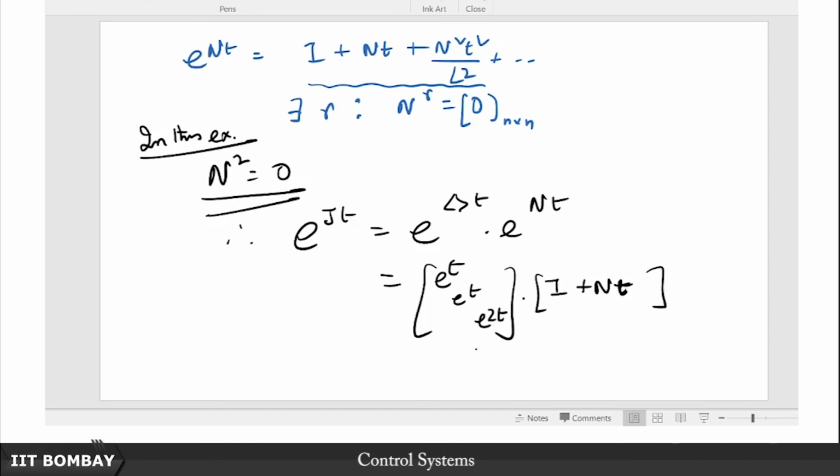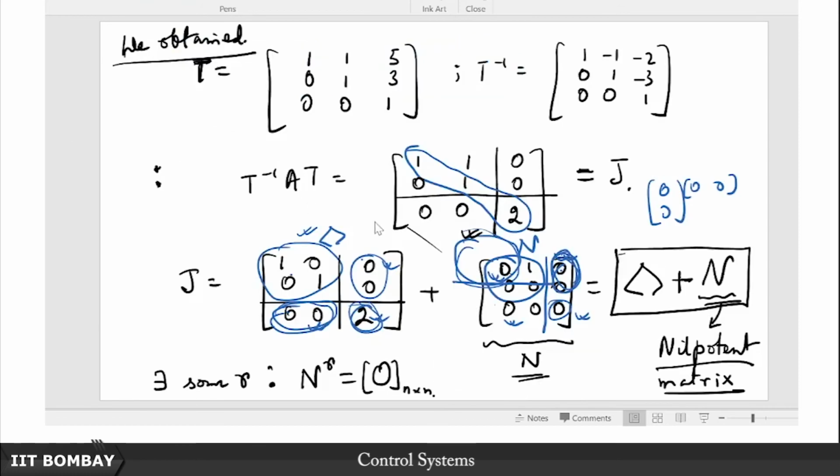So isn't that simplifying? Now what is this Nt? You see e to the t, e to the t, e to the 2t, 0, 0 like this, and this is going to be nothing but 1, 1, and what is Nt? We know the simple form of N, right. Let us go back. So this is our N matrix.